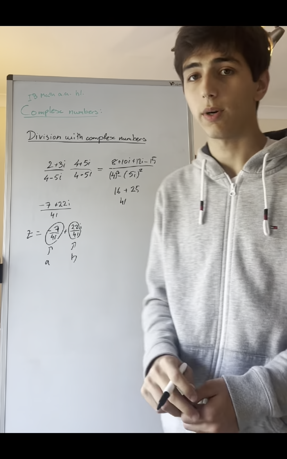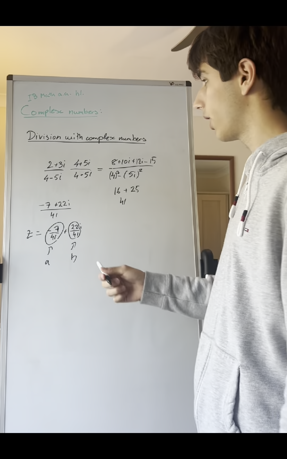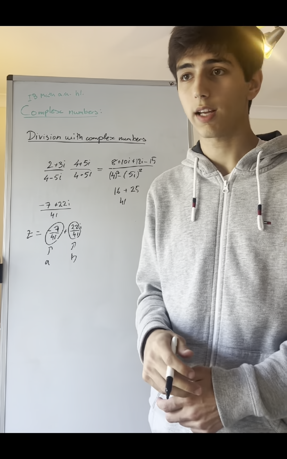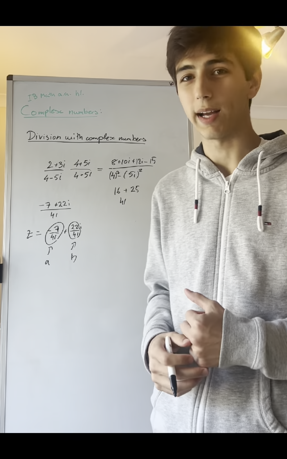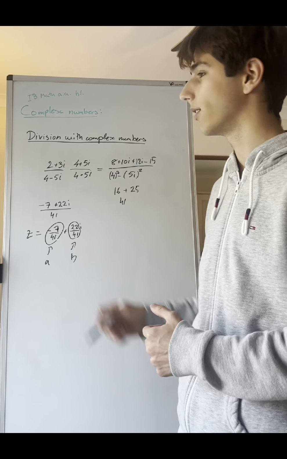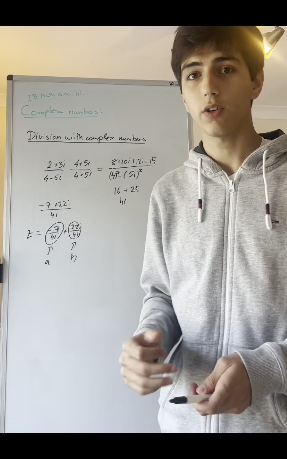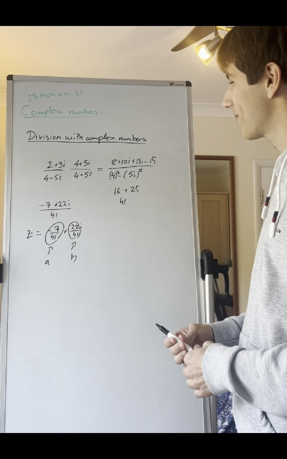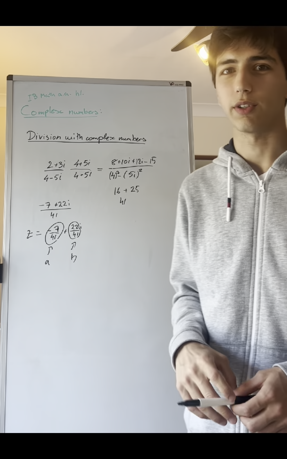A lot of IB questions will give you a fraction of two complex numbers, and it will say express this as a plus bi. And so what you do is you just multiply the top and the bottom by the conjugate of the denominator, and you simplify after you've expanded everything.